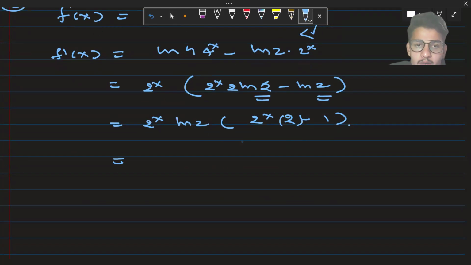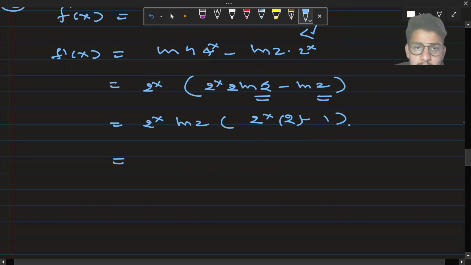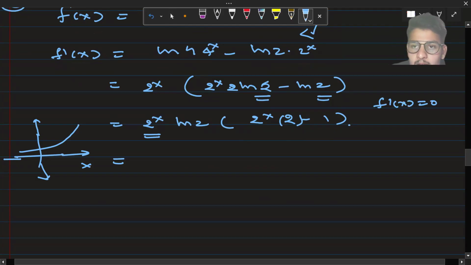You need to find the solution of it. So how can you find the solution? Can 2 to the power x be 0? I would say that 2 to the power x never becomes 0. Its graph is always above the axis. At no x value will it be 0. To find the minimum value, we need to find where f dash x is equal to 0. So f dash x is 0 at x equals 0.